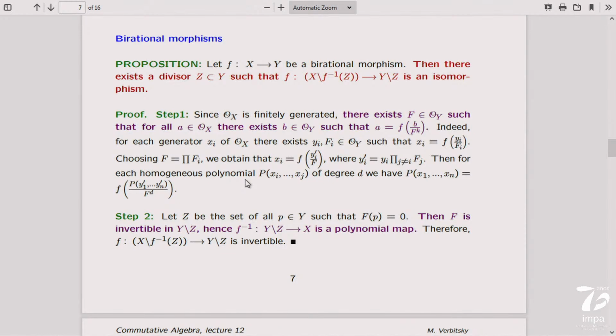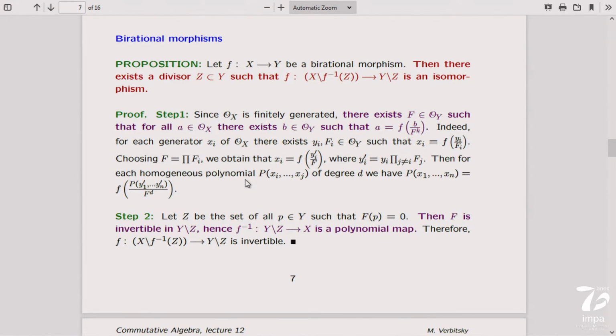Okay, let me continue. So I ended up explaining what a birational morphism is. It's a morphism which induces an equivalence on fraction fields. So now the main result about birational morphisms is that it is in fact an isomorphism outside of a certain closed set.